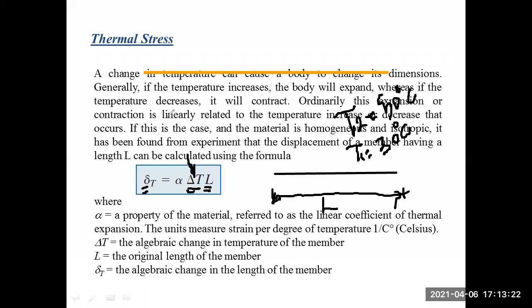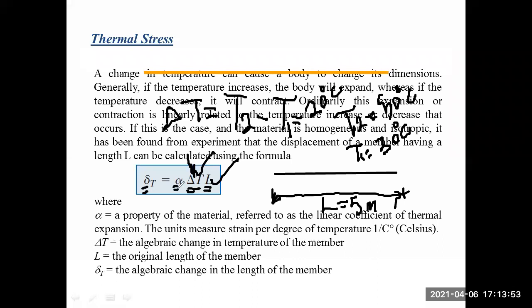So delta T, the change in temperature, would be equal to T2 minus T1, and that would be equal to 20 degrees Celsius. That much change we have made. And the element length, if the length is like 5 meter, 1 meter, it's up to us. So we have the length, we have the change in temperature.